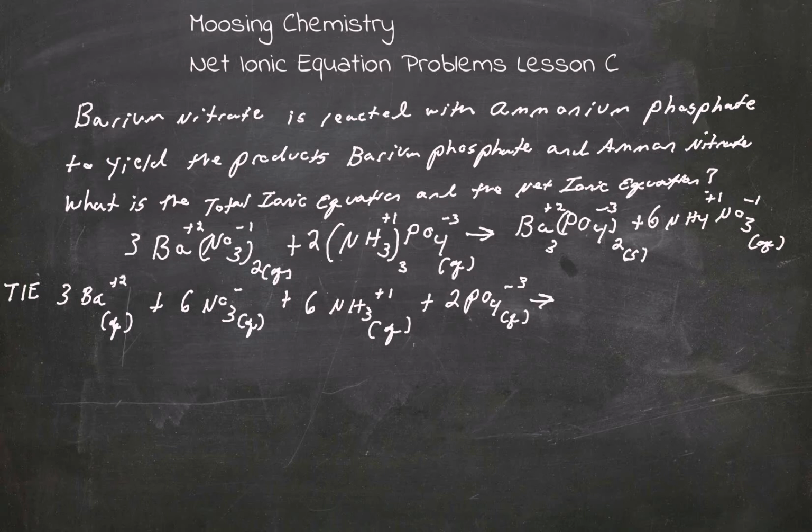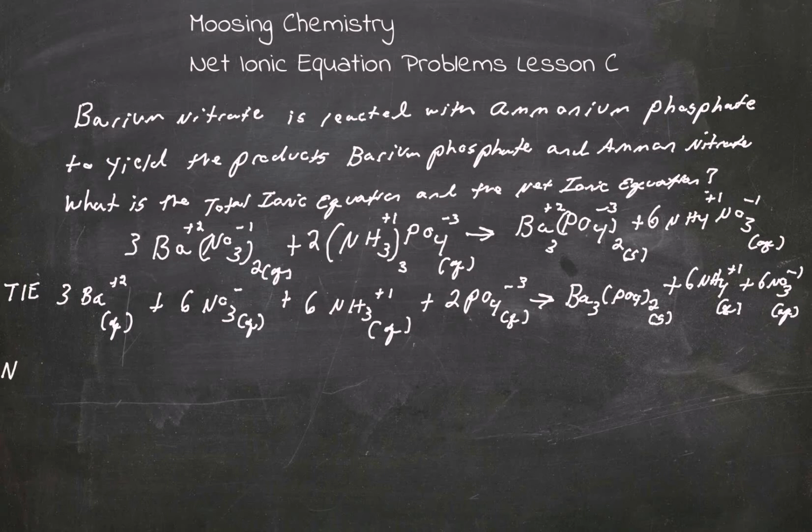Yields Ba3(PO4)2. It's a solid, so you can't break that apart. And then you're going to have 6NH4 plus 1 AQ plus 6NO3 minus 1 AQ. Okay, so that's our total ionic equation.